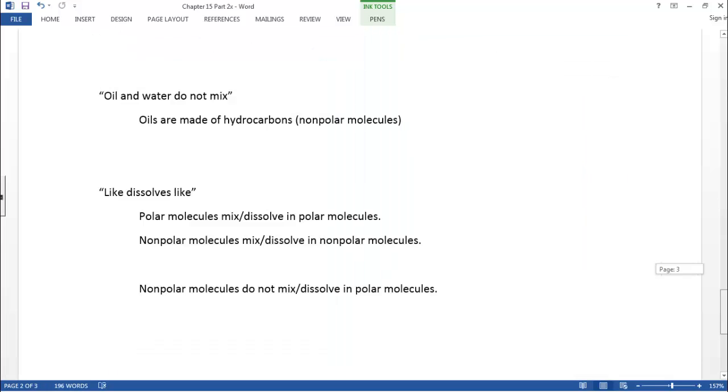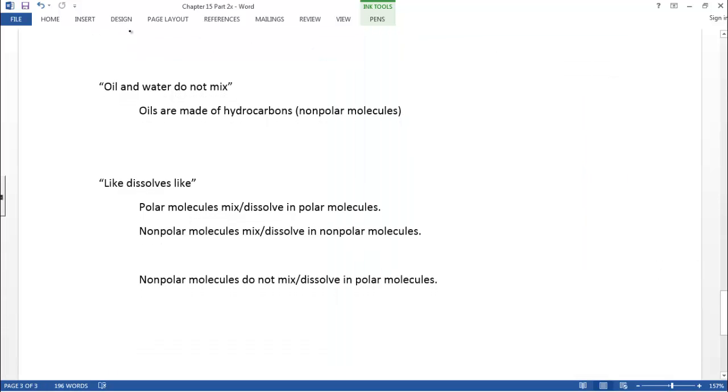So how come we have to identify molecules as either polar molecules or as nonpolar molecules? Well, maybe you've heard of the expression oil and water do not mix. Well, oil and water don't mix because oil happens to be a nonpolar molecule. Turns out oils are made up of molecules containing only hydrogen and carbon, so those types of molecules are called hydrocarbons.